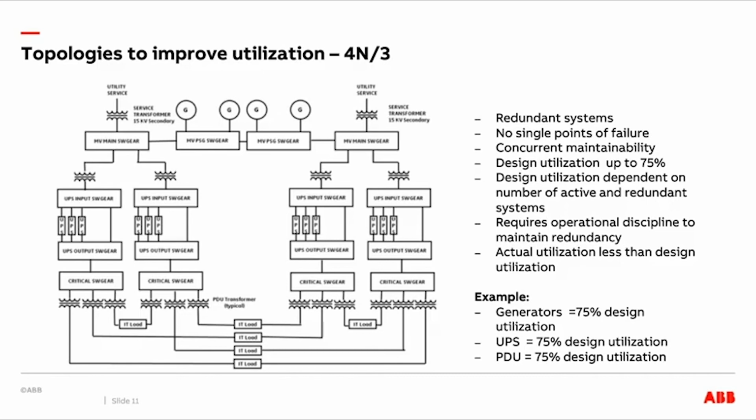With the 4N over 3, there are 6 load groups. Loads are connected between System A and System B, System A and System C, System A and System D, System B and System C, System B and System D, and System C and System D. So with those 6 load groups, it becomes very critical to make sure that the IT loads are installed in the proper location to maintain the loading, to maintain redundancy.